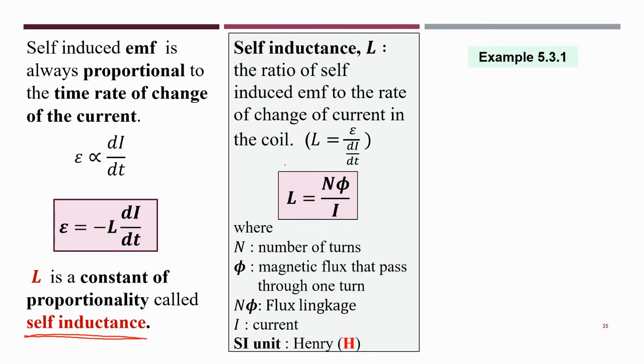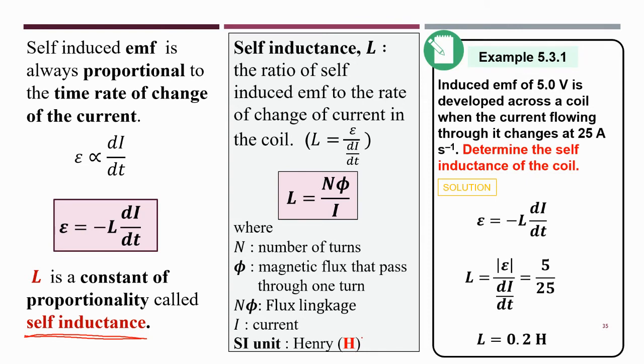If we rearrange this equation, self-inductance is the induced EMF divided by the rate of change of current, where the self-inductance equals N, the number of turns, times phi, the magnetic flux passing through the coil, divided by the current. The SI unit for self-inductance is Henry, with the symbol capital H.